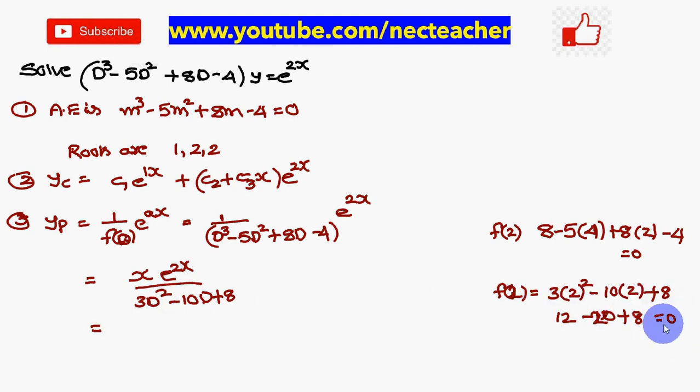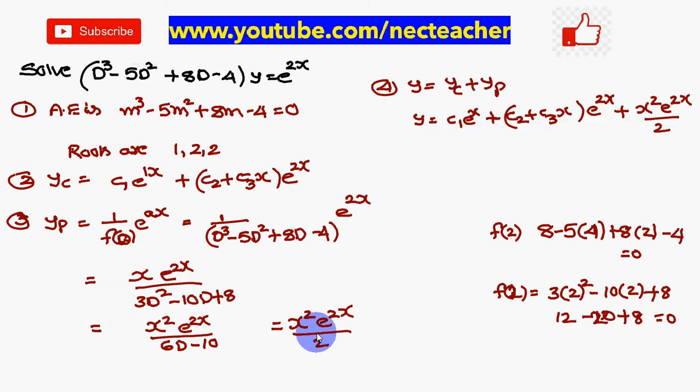Again multiply one more x. Therefore x square into e power 2x by, again differentiating the denominator, 6D minus 10. Now substituting 2 for D, 6 into 2 is 12 minus 10, that is 2. Therefore x square e power 2x by 2 you are going to get as the particular integral.